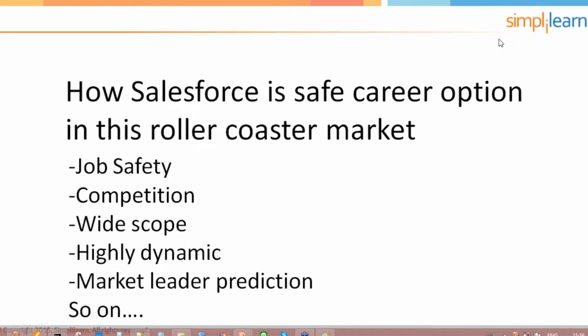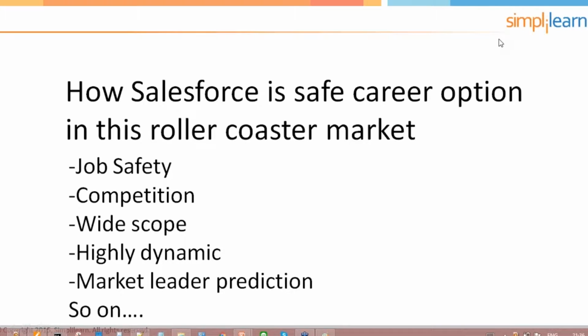For example, now there is a very important upcoming concept, Internet of Things. Please note, we know how bright the market will be for Internet of Things scenarios. Salesforce has already started working on that. So if you have the knowledge of Salesforce, then you can perform very well in the area of Internet of Things. This is just a single example.